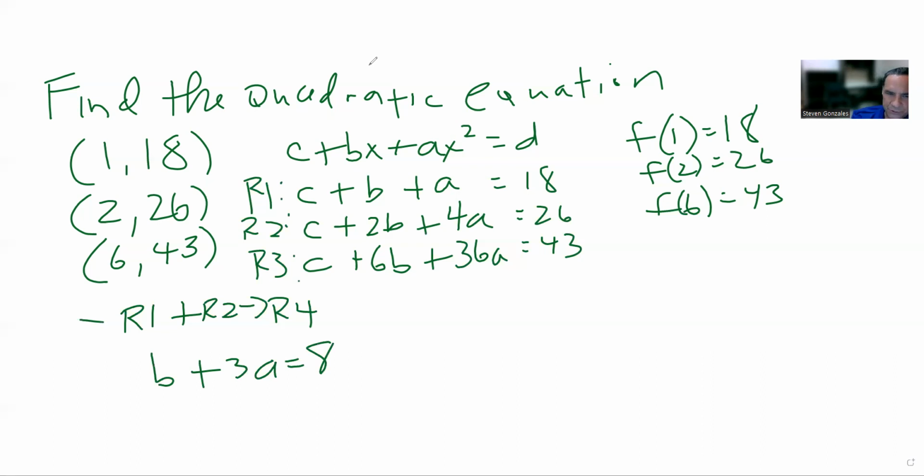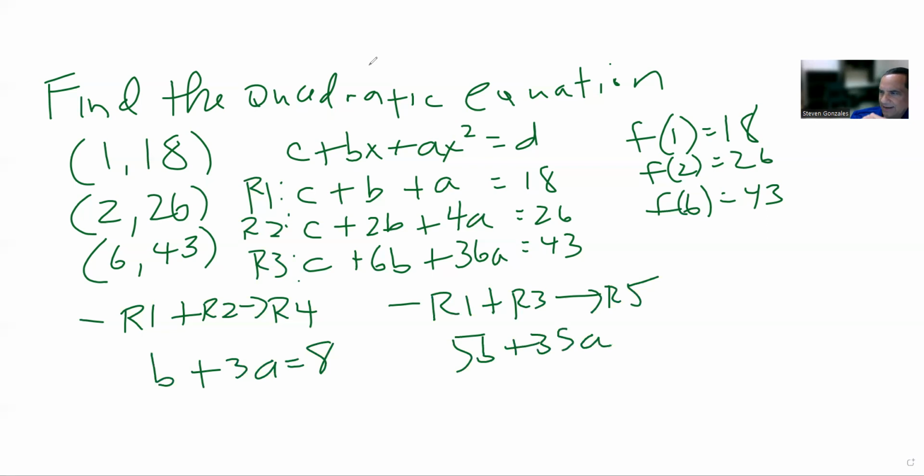And then I'm going to do negative R1 added to R3, replace to create an R5. So I'm going to subtract R3 minus R1. That's going to leave me with 5B, 35A, and 25.